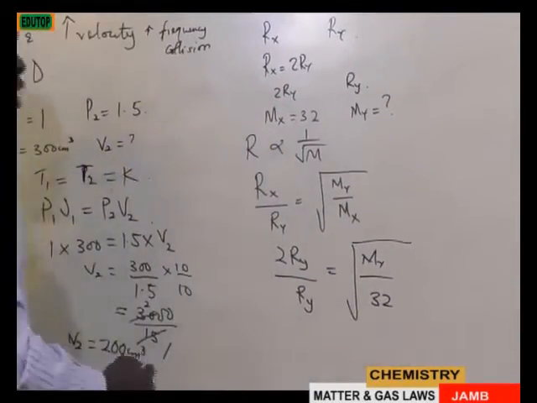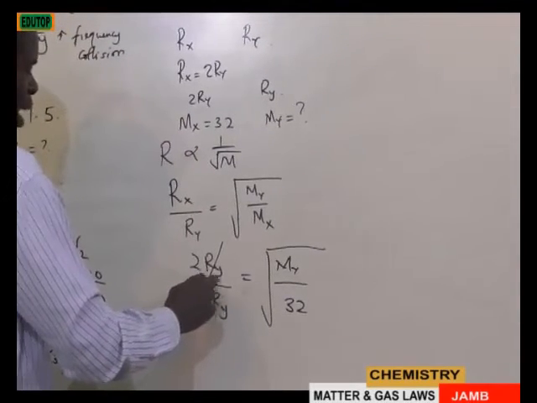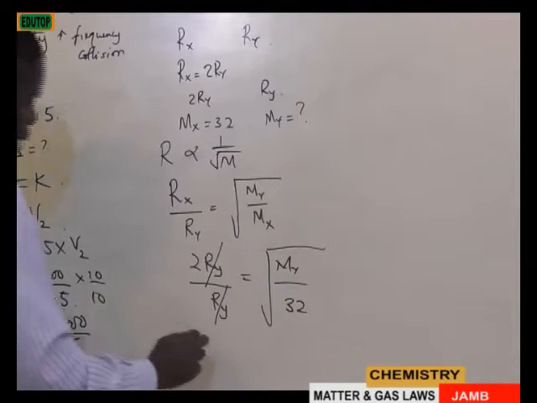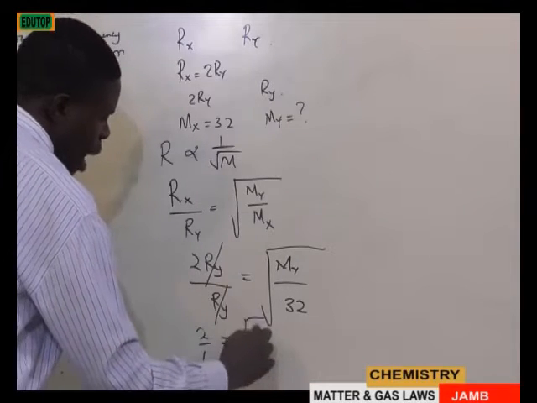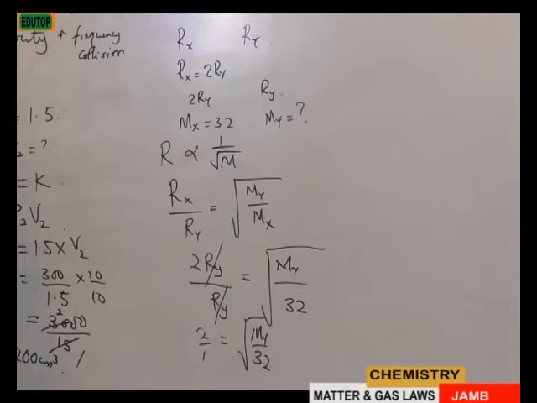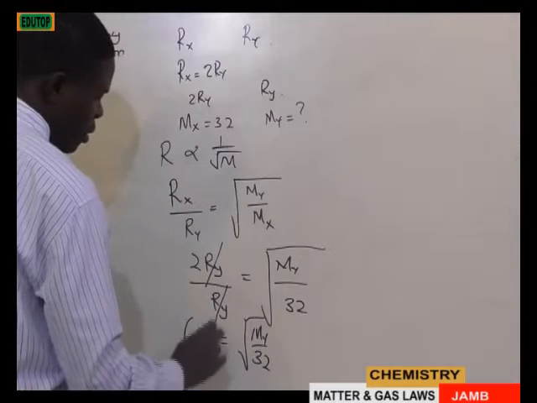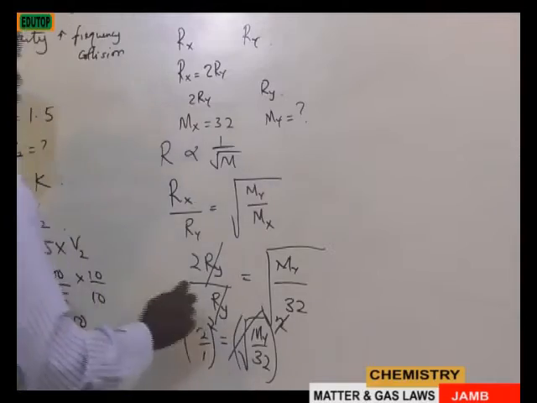So what do we need to do here? Rx over Ry, we can cancel Ry. So we have 2 over 1 equals the square root of My over 32. So we need to remove this square root. How can we remove the square root? We square both sides. By the time we square this, and we also square this, the square and root cancel, and this one will become 4.